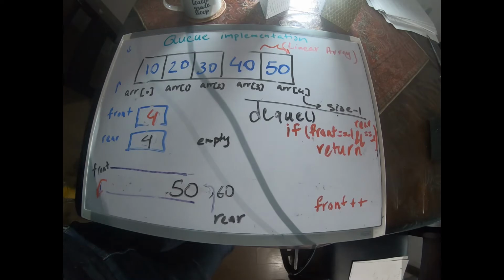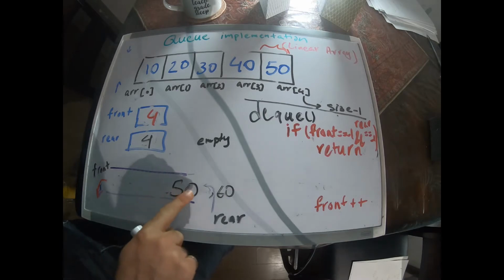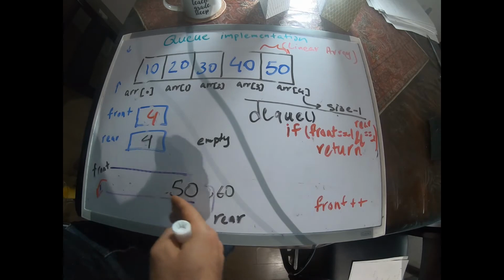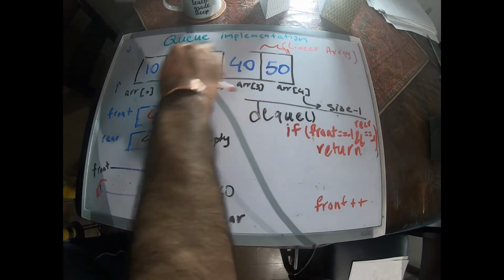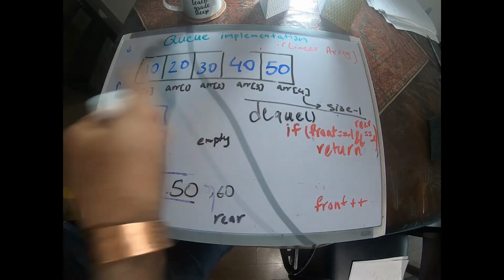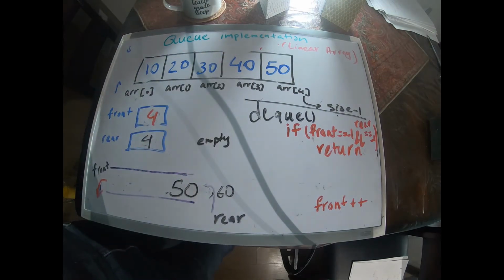After this operation, our Q will become empty, right? If I remove 50, our Q is going to become empty. So if the Q becomes empty, what should be the front and rear of the Q? Think about it.